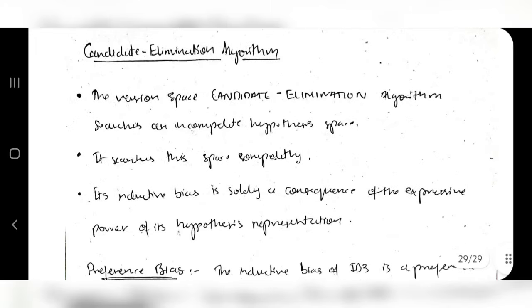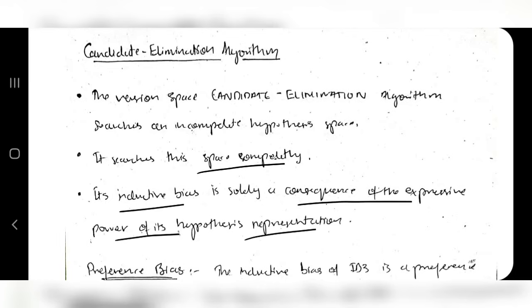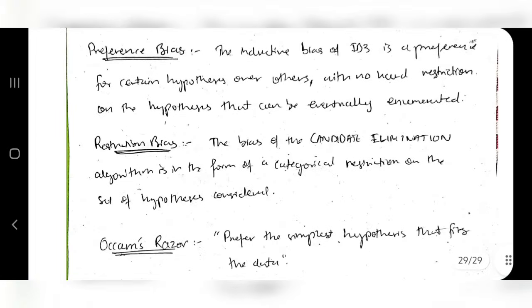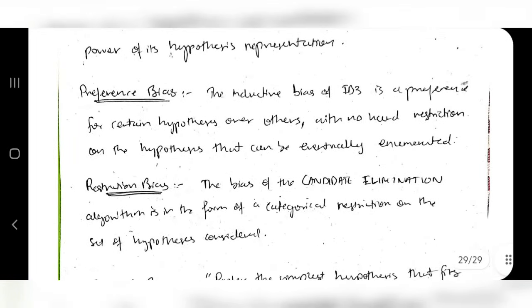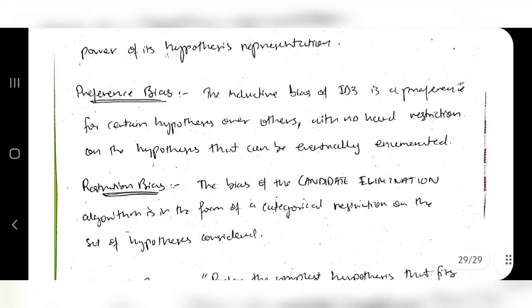Next, we have the candidate elimination method. In this, in the version space all the candidate combinations are present, and it searches in that space. Inductive bias is solely a consequence of the expressive power of the hypothesis representation. Then you have two types of biases, which are preference bias and restriction bias. In preference bias, based on the preferences you will be making the decisions.